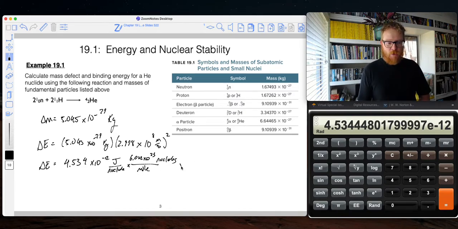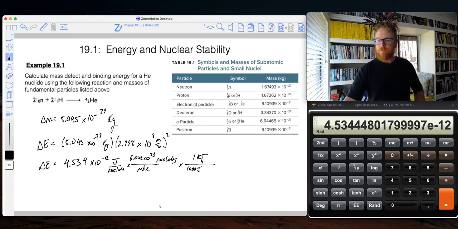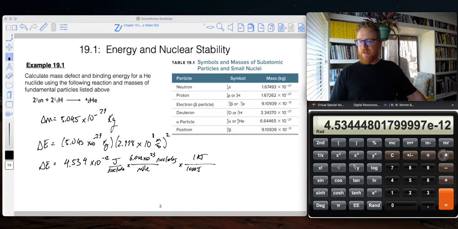And I'm also going to crank this up to the kilojoule unit just so we can compare it to numbers that we're used to, so 1,000 joules in 1 kilojoule. So now over here, if I say times 6.022 e to the 23, and then I'm going to divide it by 1,000.